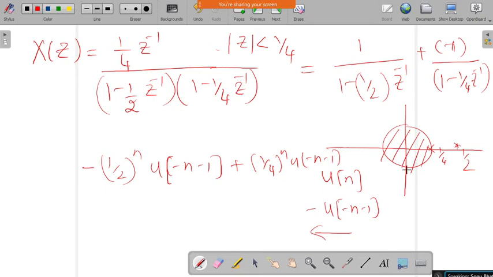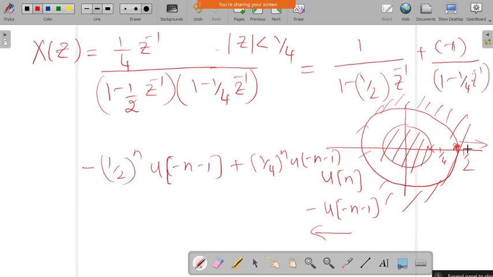As I said, in the earlier case the ROC is greater than half, which means this is the maximum pole, so the ROC will be outside of this. If it is a right sided sequence, as we discussed in the properties of ROC, the ROC region will be greater than the highest pole value.